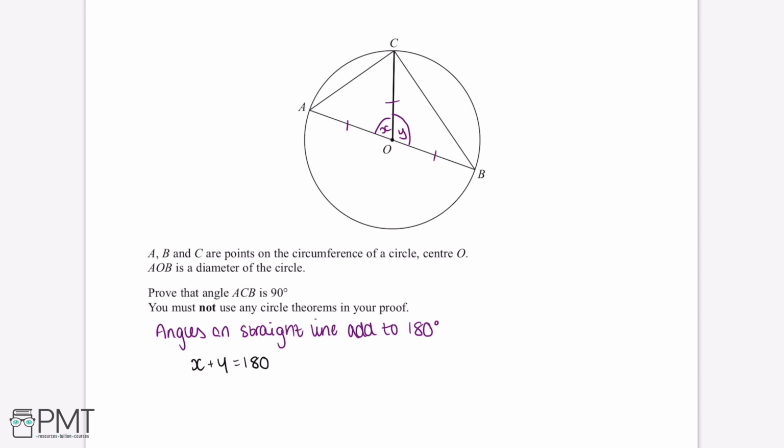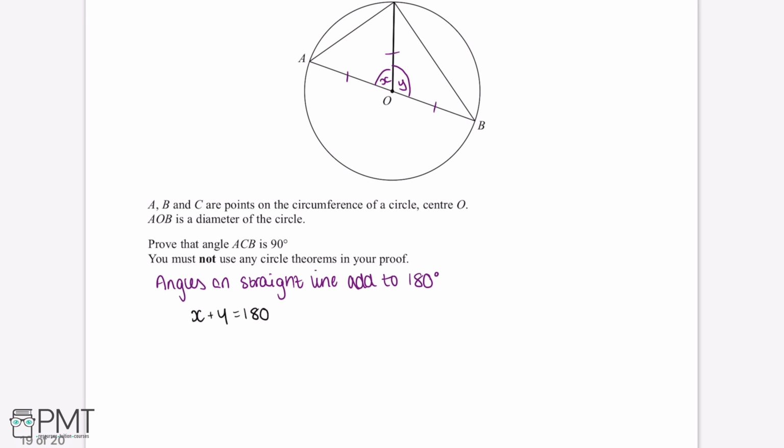And we can do this in terms of X and Y. So if we start off with angle CAO, because this is an isosceles triangle, angle CAO is equal in size to angle ACO. So this means that 2 multiplied by angle CAO plus X is equal to 180 degrees.